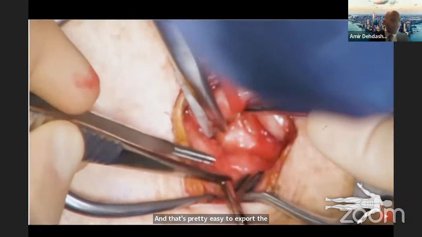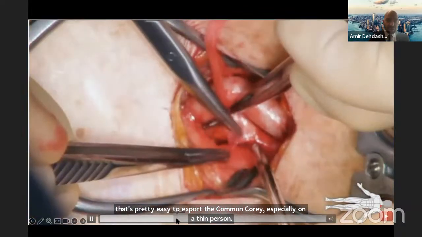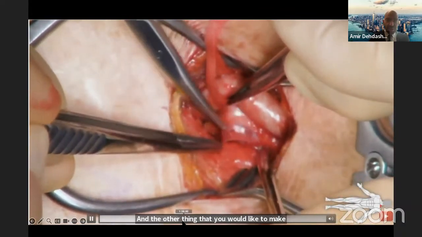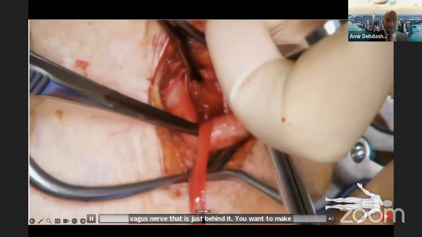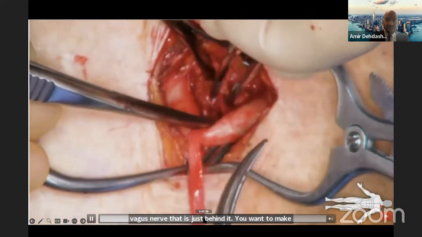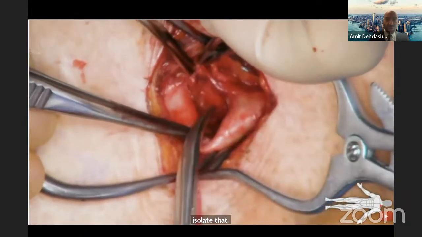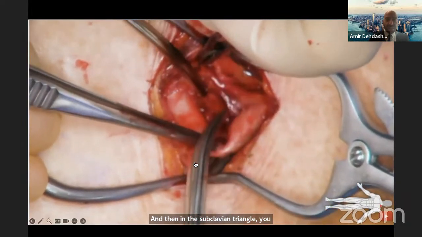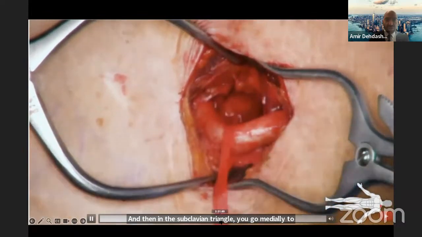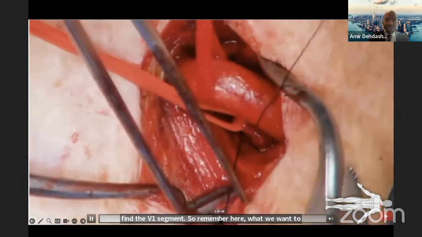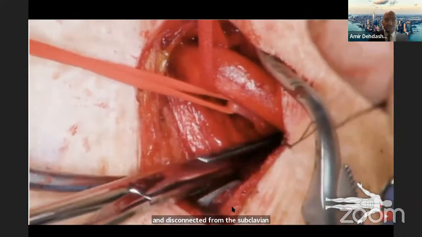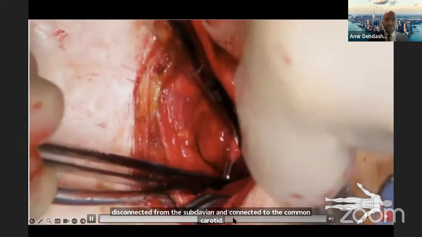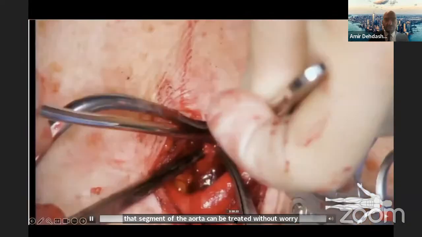The other thing you want to make sure of is the vagus nerve just behind it. You want to make sure the vagus nerve is not damaged, so you isolate it. Then in the subclavian triangle, you go medially to find the V1 segment. Remember, what we want to do is get the V1, disconnect it from the subclavian and connect it to the common carotid, so that segment of the aorta can be treated without worry for the vertebral artery and brain circulation.